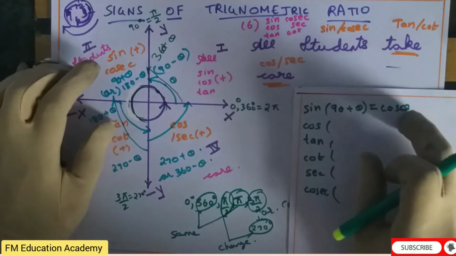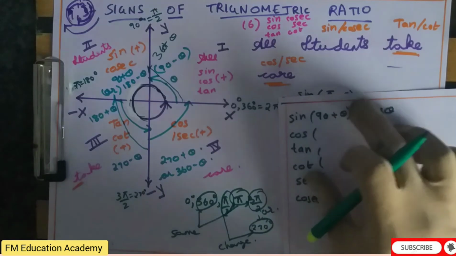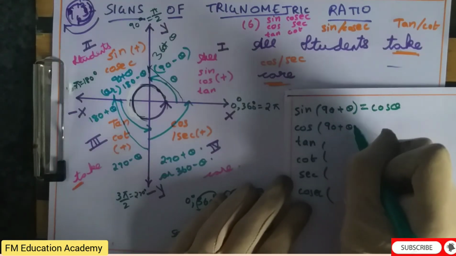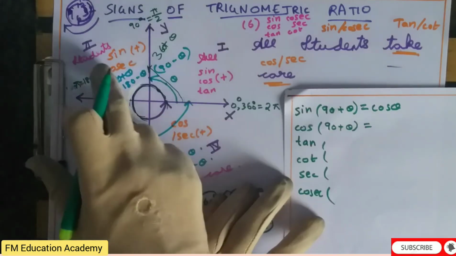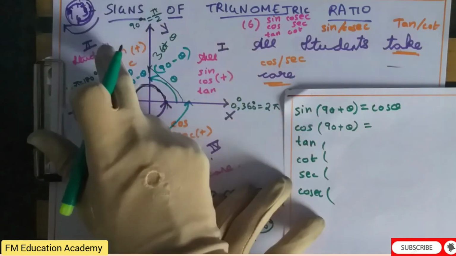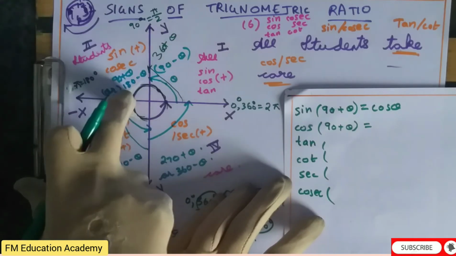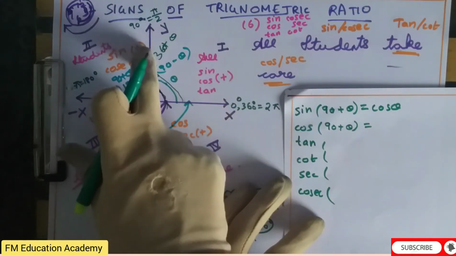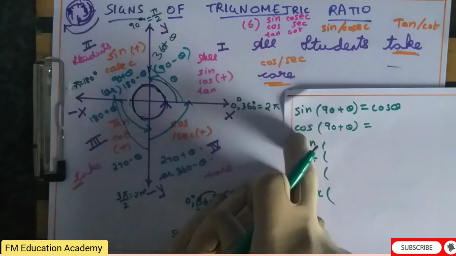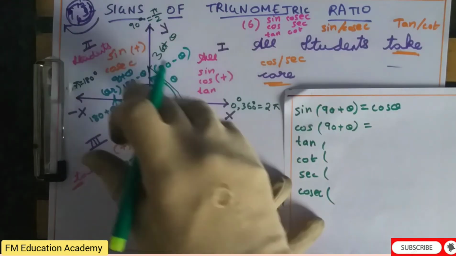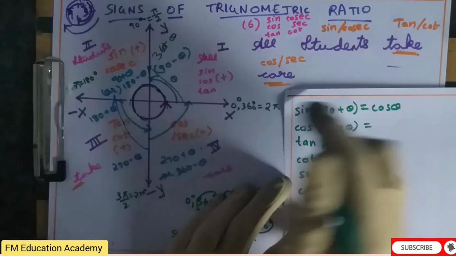What about cos 90 plus theta? Cos is in the second quadrant. Will it be negative or positive? It will be negative. Why? Because sine and cosecant are positive in second quadrant, but cos is negative in second quadrant.